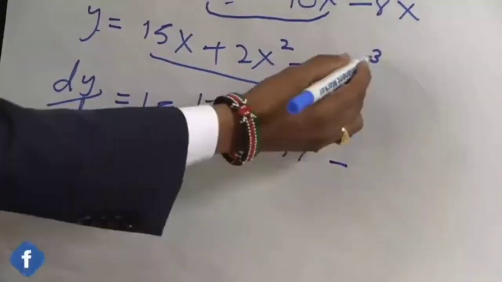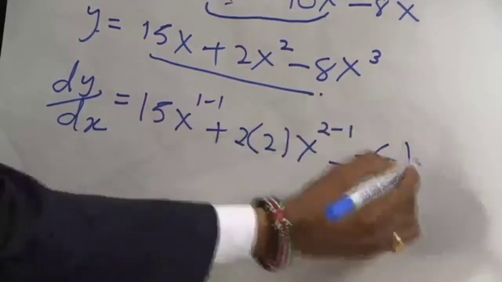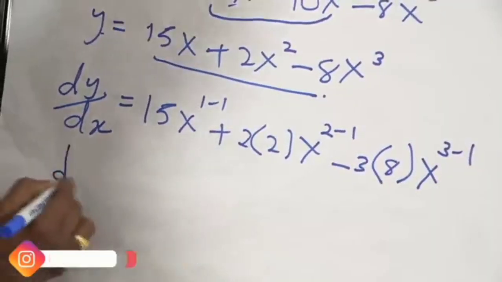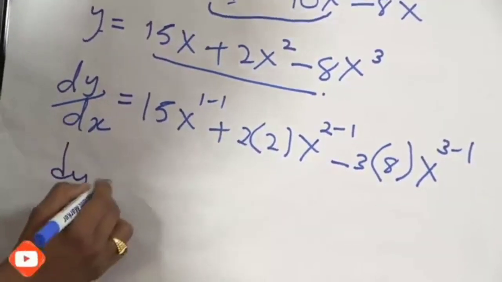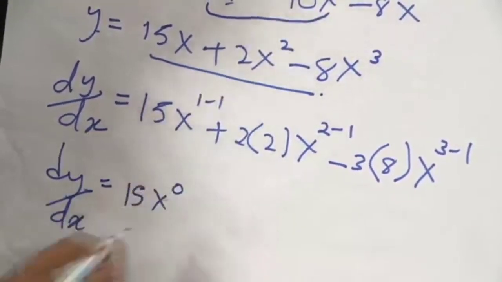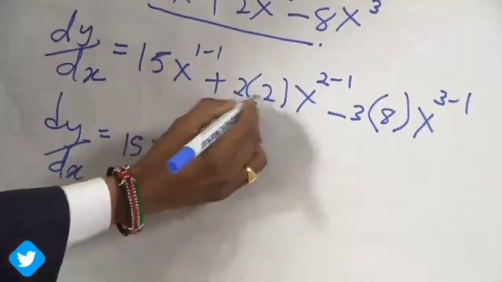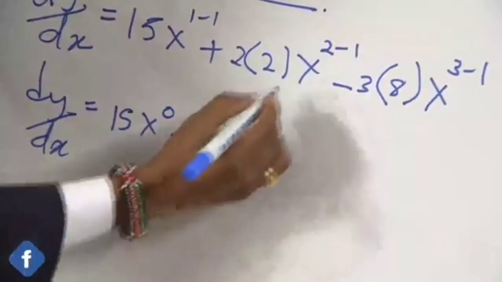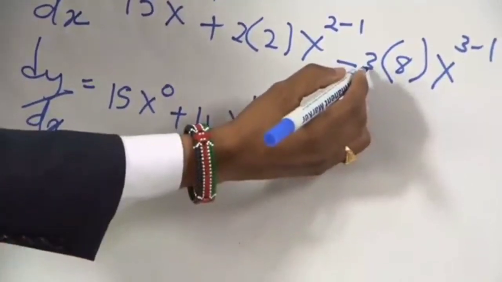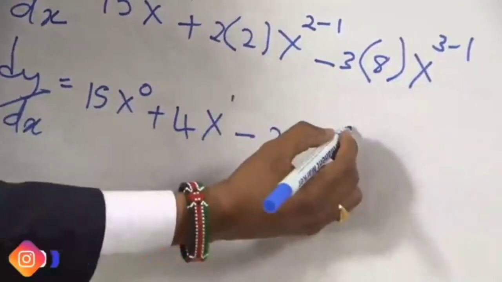Minus, drop down power 3, multiply by 8, x cubed, you subtract 1. So dy/dx equals 15x raised to power 0, 1 minus 1 is 0, plus 2 times 2 is 4x, 2 minus 1 is 1, minus 3 times 8 is 24x, 3 minus 1 is 2.